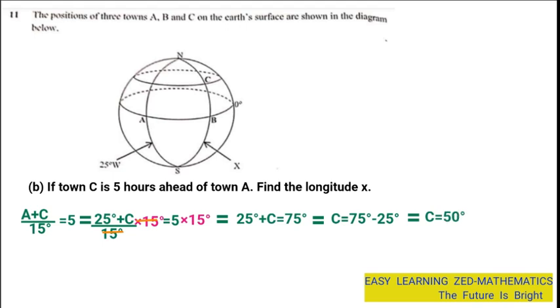So the town C is on the longitude with 50 degrees. Therefore, since the town is on the longitude marked X, the value of longitude X is equal to 50 degrees. So the correct answer here was 50 degrees. Okay, we can go to question number 12.